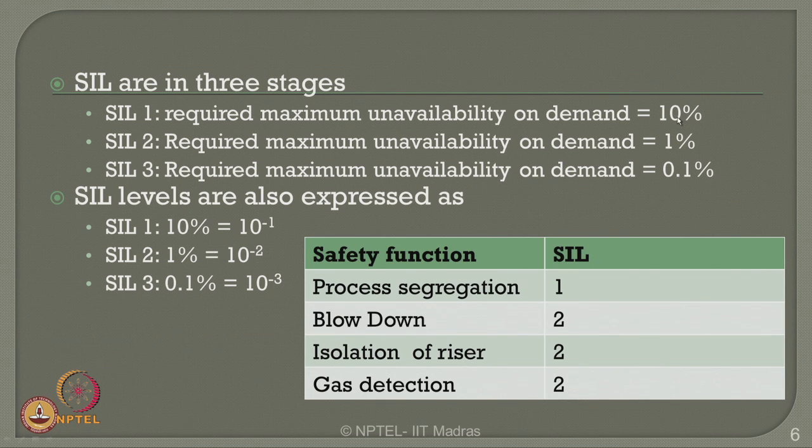Even if 10 in 100 remain out of order, one can say SIL level 1 is implemented in the standards, whereas blowdown preventers and isolation of risers should be made unavailable to a maximum level of only 1%. So, as the SIL level goes higher and higher, the equipment or the process importance gets deeper or more important in the process industry.